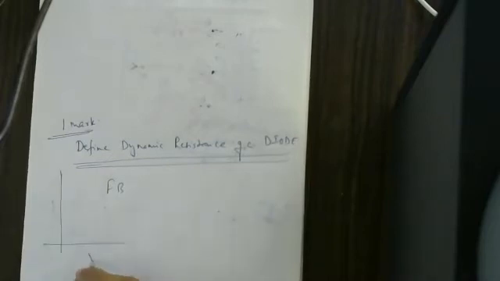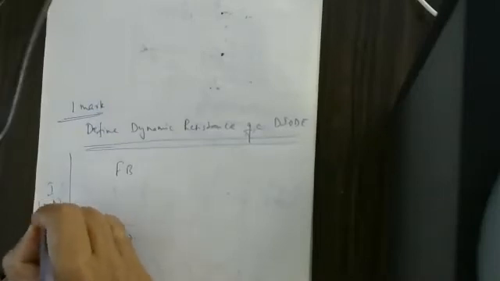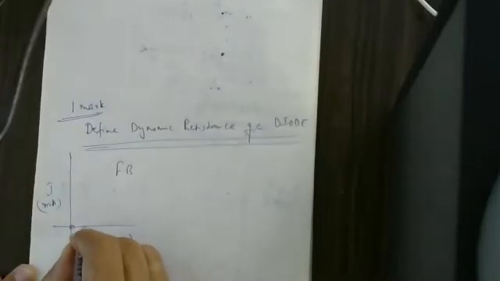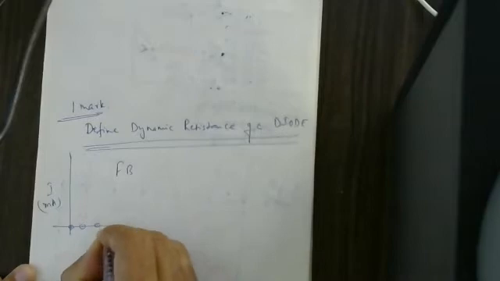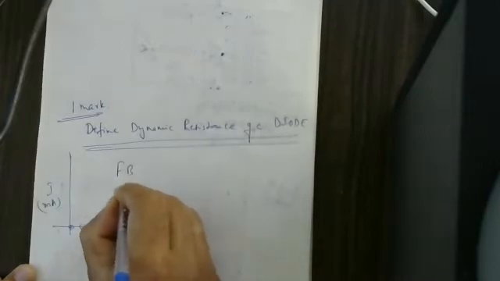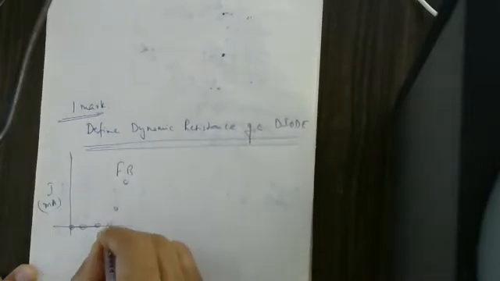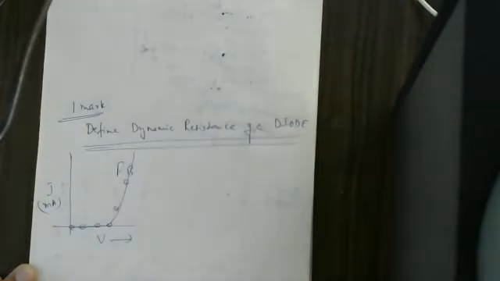This is the voltage and this is the current in milliamps. Then you get points like this. If you join all these points, this is called the forward bias characteristics. Under practicals, you are going to draw all these things.